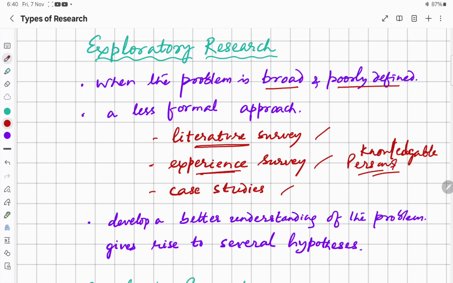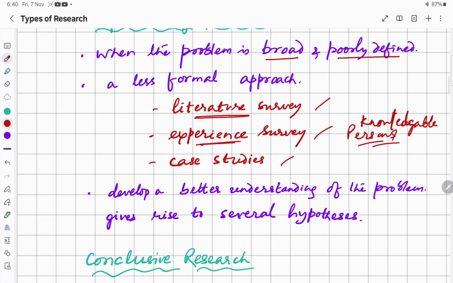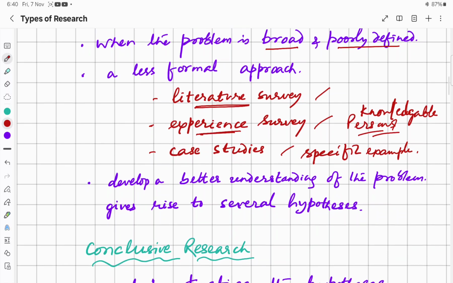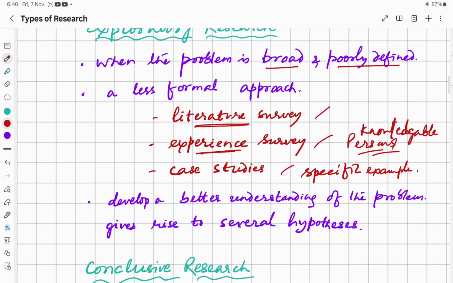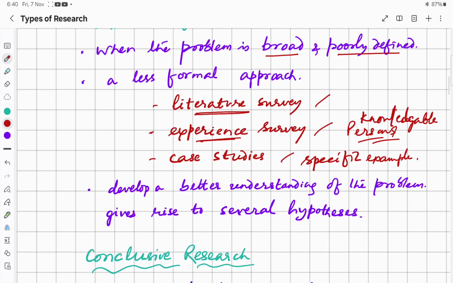Then case study is the analysis of specific examples. So through exploratory research, we can get several hypotheses which will have to be tested for drawing definite conclusions.